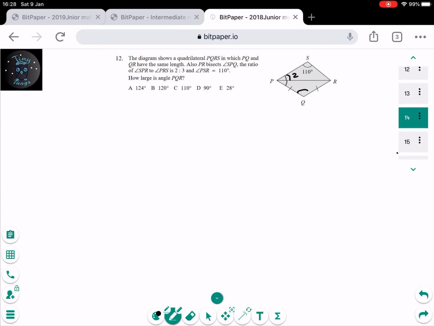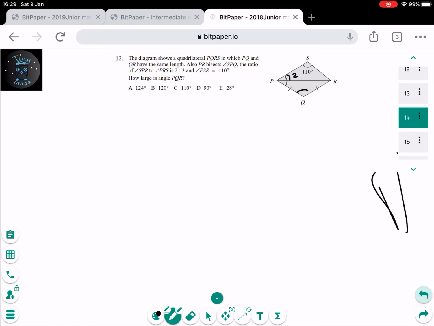This doesn't mean the angles are 2 and 3, it means they are 2 units and 3 units, or whatever you call that.